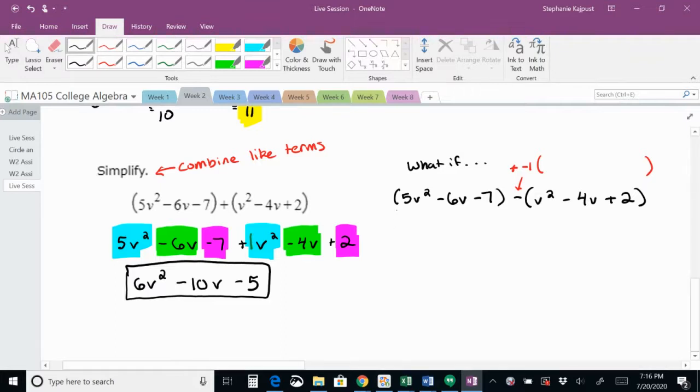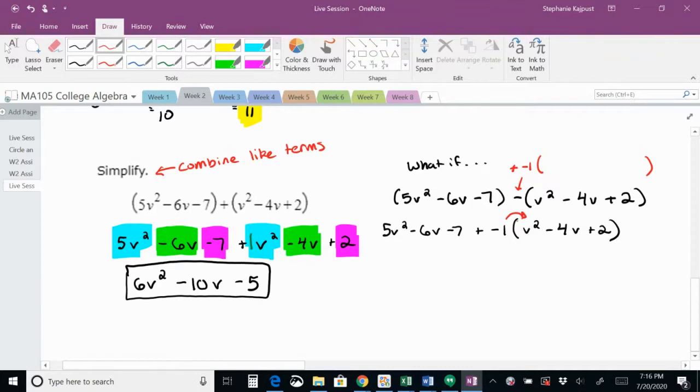So the first set of parentheses we don't need because there's no number in front to multiply by. So I can leave those off, but I'm going to rewrite this as a negative 1 times the second set of parentheses. Subtraction is adding a negative. And then we're going to distribute through the parentheses.